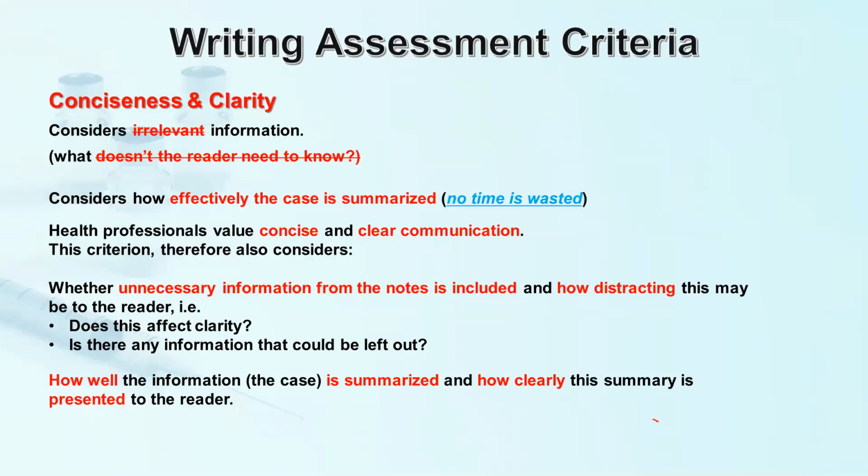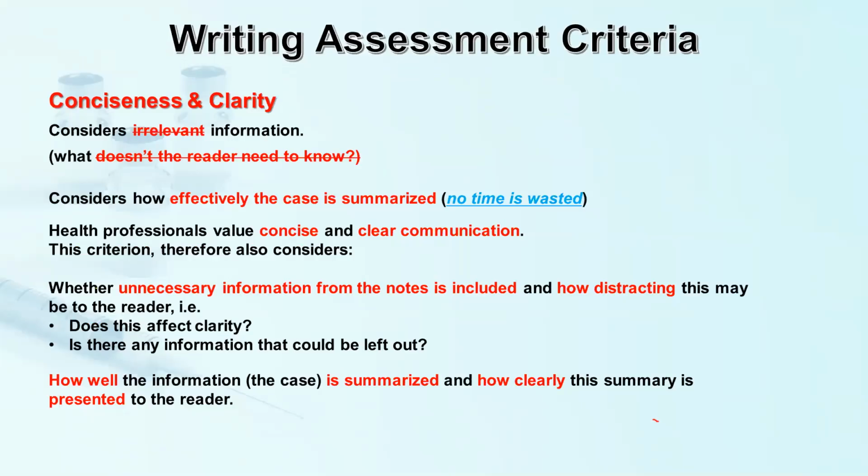The next criterion, conciseness and clarity, considers irrelevant information. What doesn't the reader need to know? So simply you have to exclude the irrelevant information or case notes. It considers how effectively the case is summarized so no time is wasted.